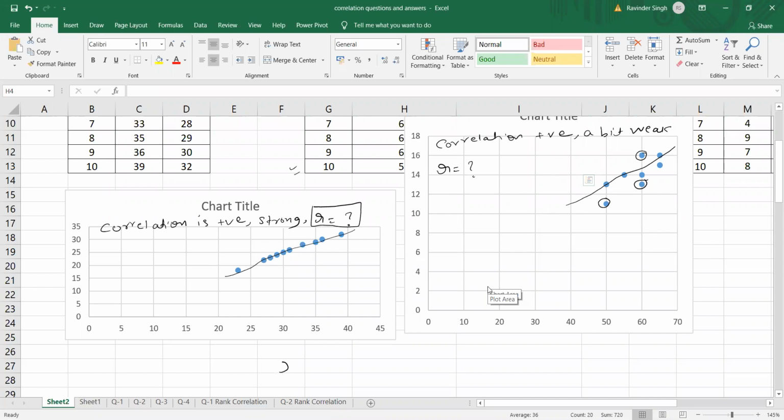As we know, your R value lies between -1 and +1. If we have an R value exactly at 1 or very, very close to 1, then we can say that the correlation is positive and very, very strong.